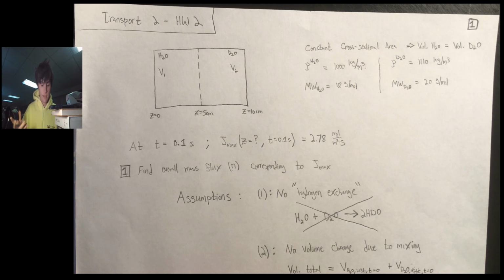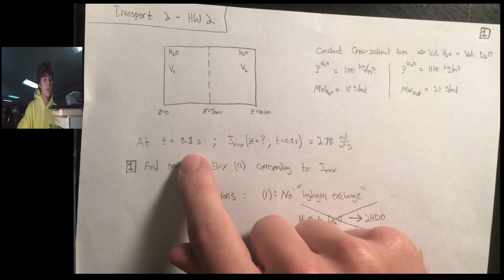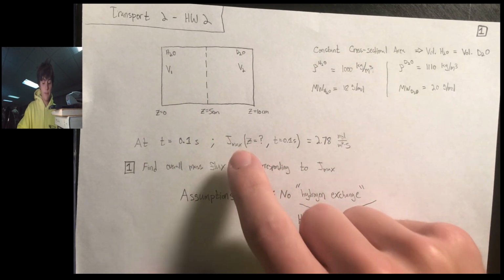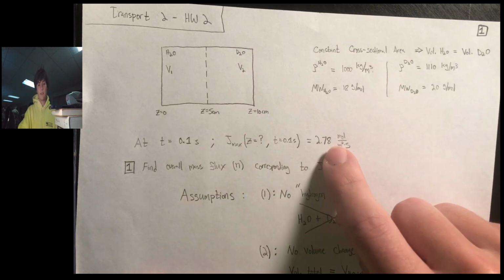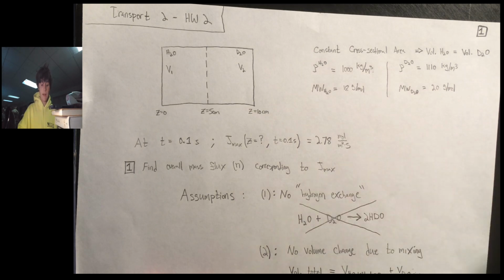I just like this notation because it lets me differentiate between mass concentration and pure component density. And we're told that at t equals 0.1 seconds, the maximum molar diffusive flux is equal to 2.78 moles per square meter per second. For this problem, it's an unsteady state diffusion problem, because the concentration of the components at any point in the mixture is going to change in time.